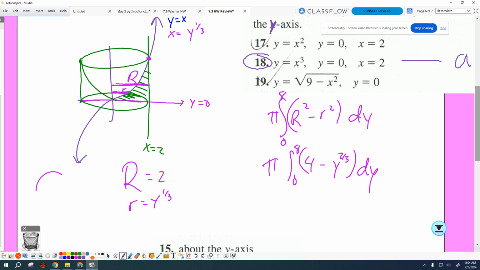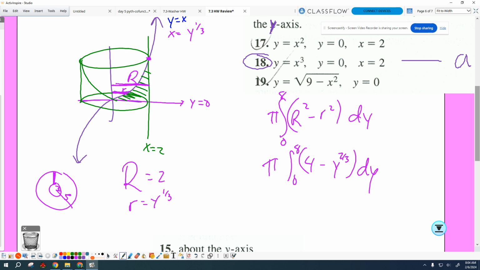When Grady did this one, did he do 5 minus 3 and then square? No, because whereas this distance is 2, it's not centered here. So it's got to be big radius squared minus little radius squared.